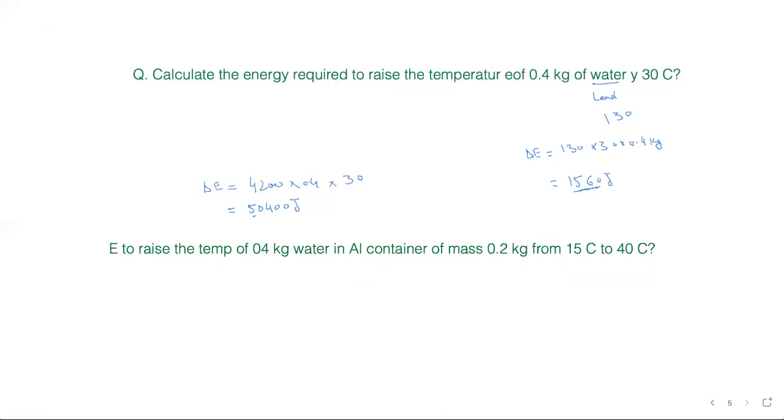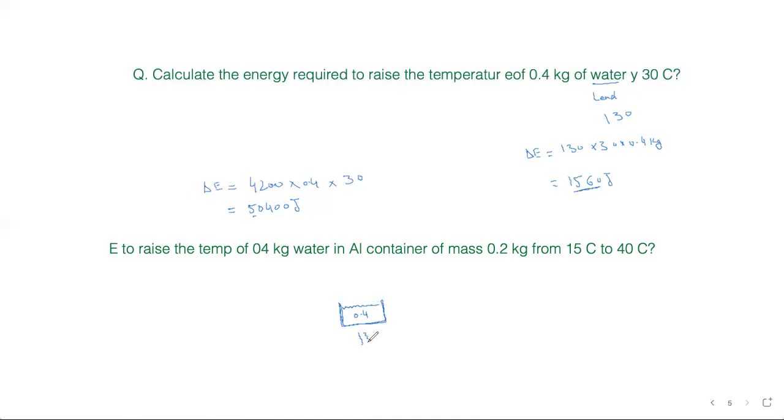A picture of this question, just give me a second. So you see what you have: a container, and this container is made of aluminium. And then inside we put water, 0.4 kilogram. And where is the fire?